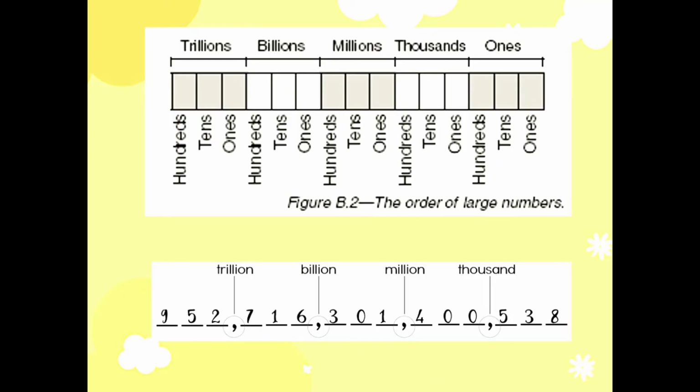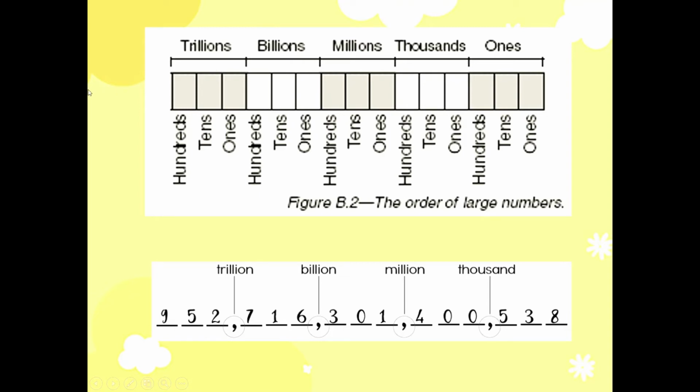Okay, the numbers are separated into groups. The first group we call ones, then thousands, millions, billions, trillions, and so on.